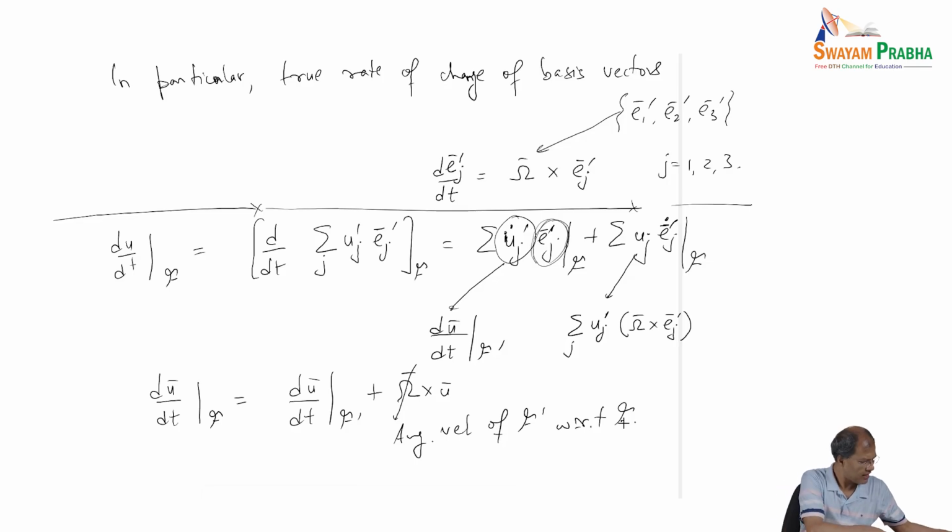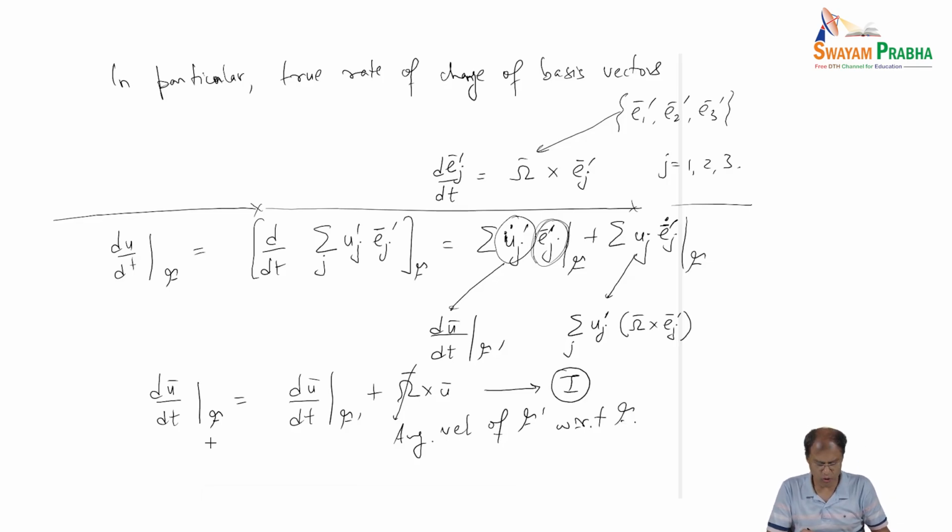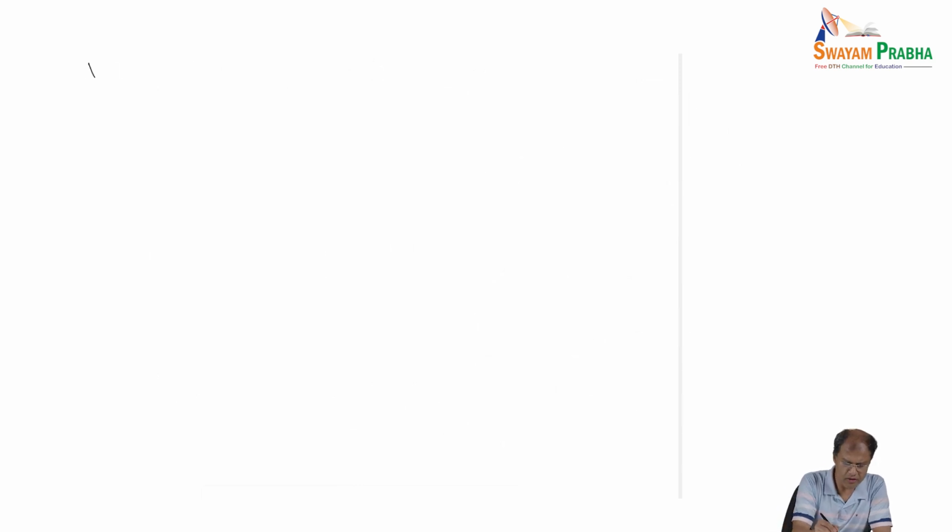So let me call this formula number 1. So we are measuring the true change in the velocity in the fixed frame. Now let us look at another formula, the velocity transformation formula.